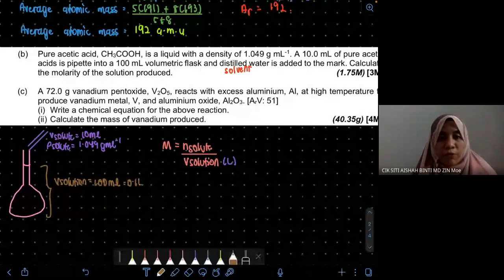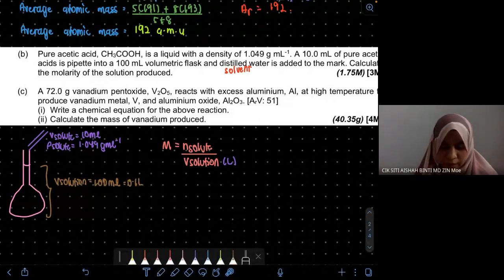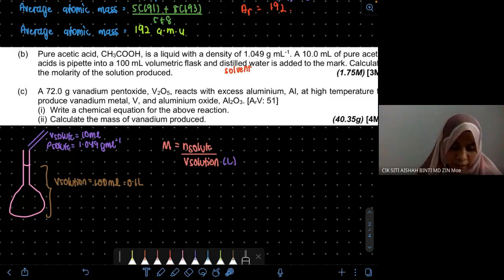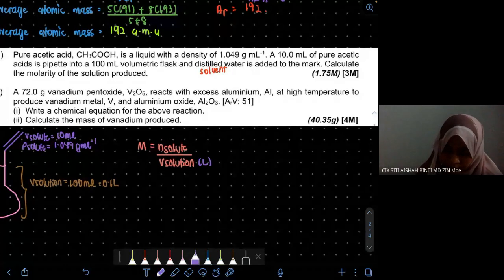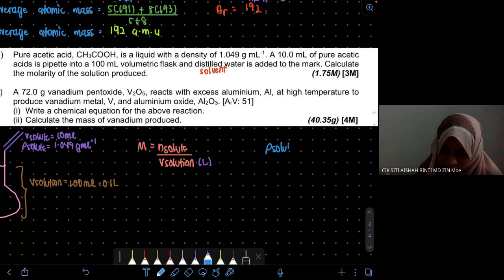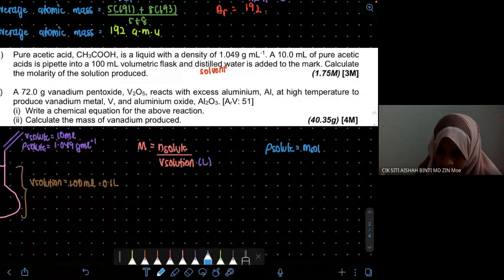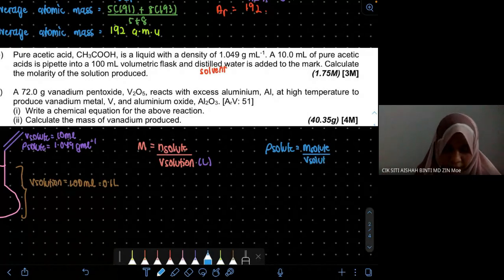But then our number of moles of solute kita tak dapat lagi. From the solute itself, apa yang kita dapat is actually density dengan volume. Okay, so for the formula of density, it is actually the density solute equal to mass solute divided by volume solute. So the density itself is actually 1.049 equal to mass is our unknown.